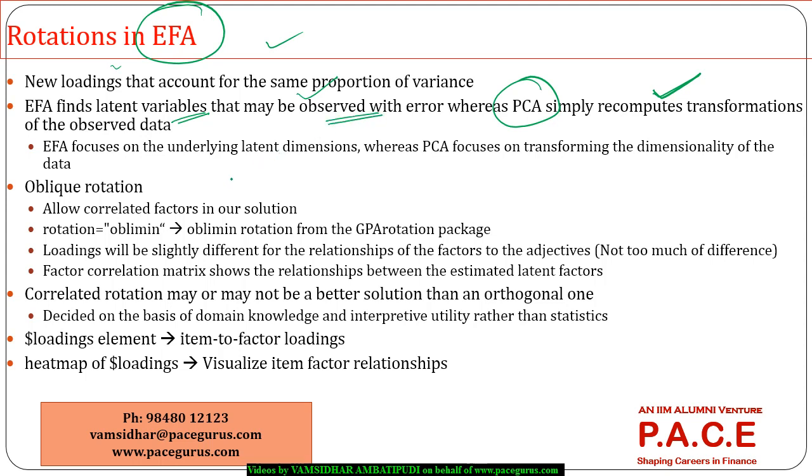So that's a major difference. The focus is on latent dimensions. What variables are contributing to a particular dimension is the objective of EFA, whereas PCA is purely mathematical, just transforming into a different dimension such that the interrelationship between the variables is zero.